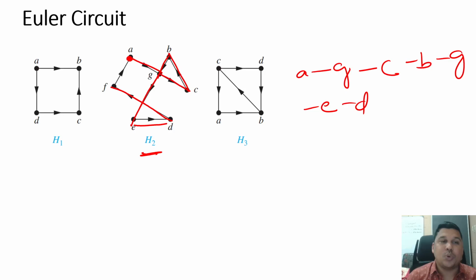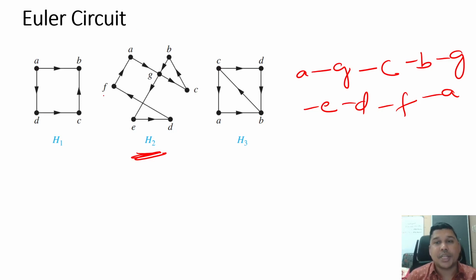Then from D to F, and F to A. See, I have traversed over the entire graph. I have visited all the edges of the graph. So it has Euler path, exactly once.